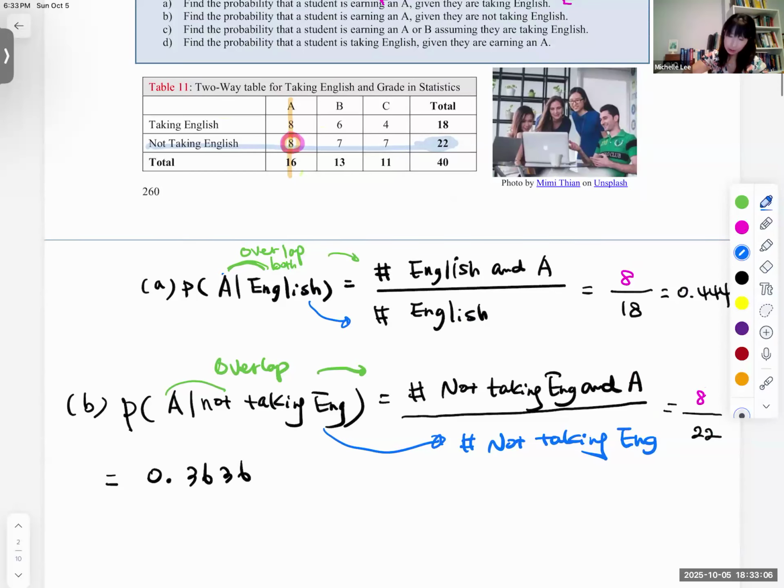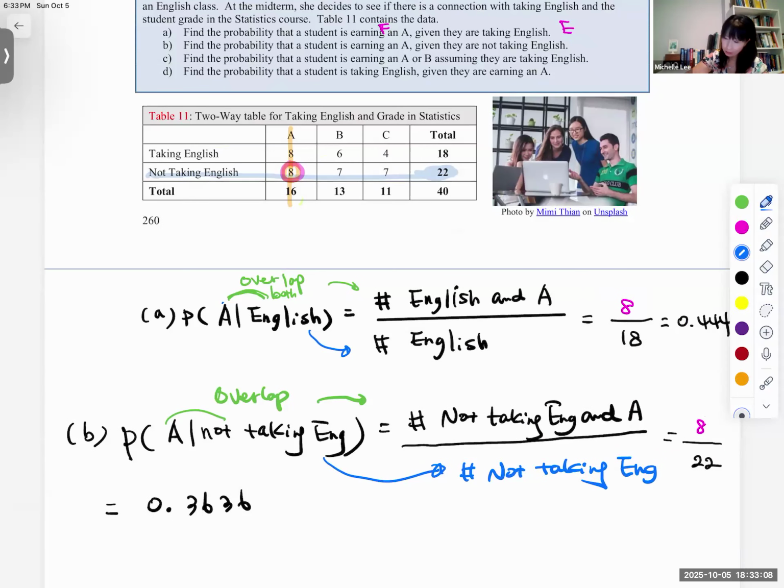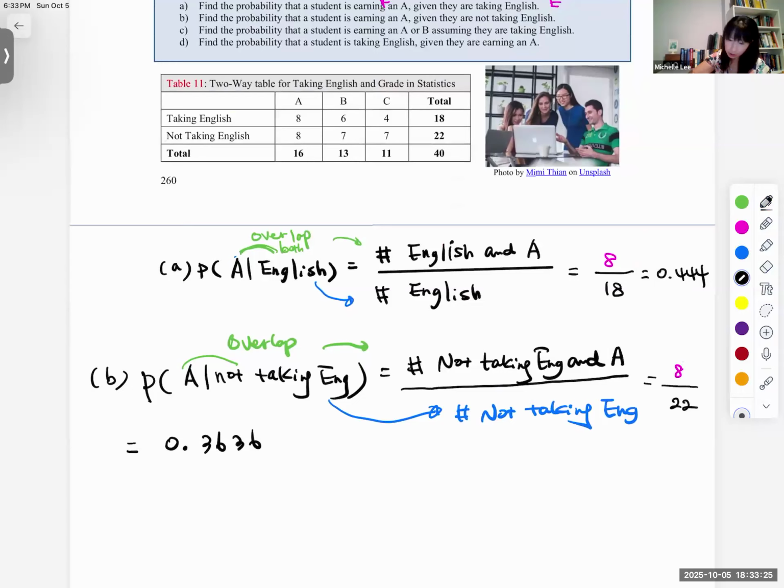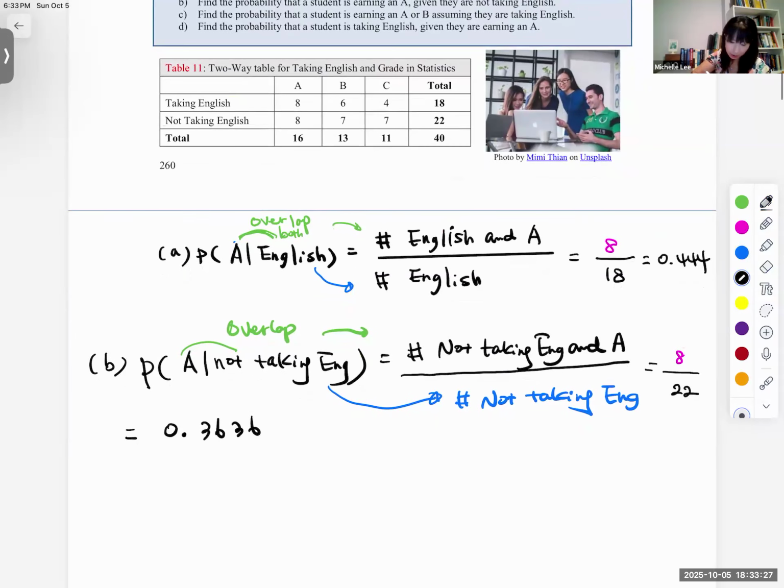Let's do part C. We can still see that C. Let me erase, and make it shorter so that we can see the question.